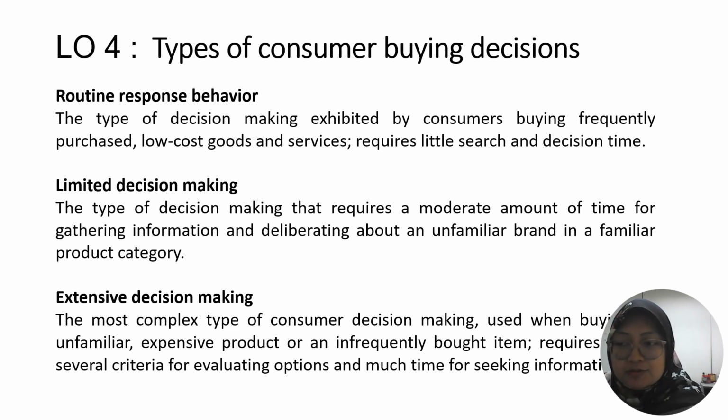Products on social display, including clothing, especially designer labels, jewelry, cars. Yeah. So these items make a statement about the customer. So it carries social risk. Yeah, we want to express ourselves, our personality. So we tend to make extensive decision making. Okay.